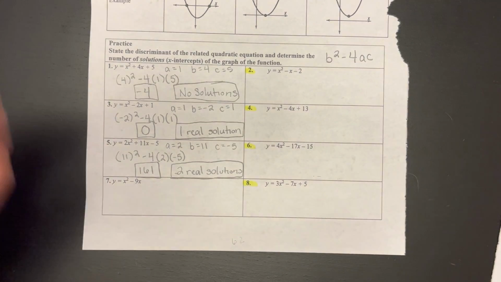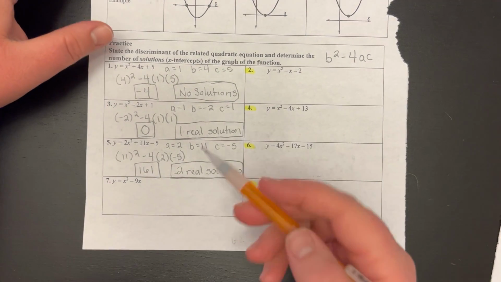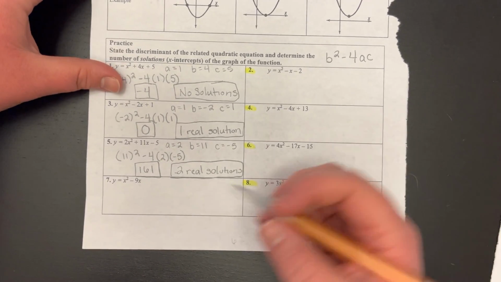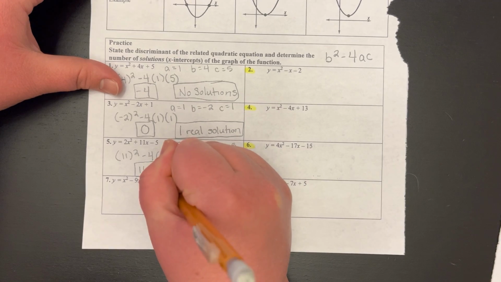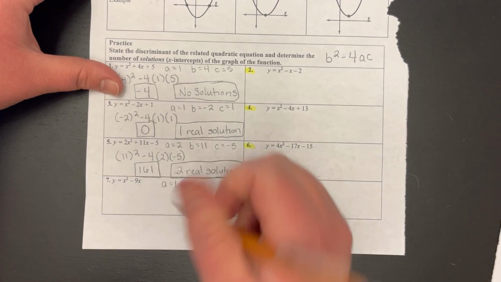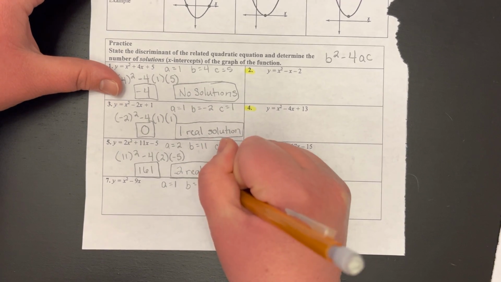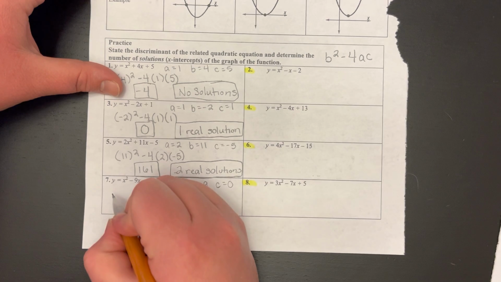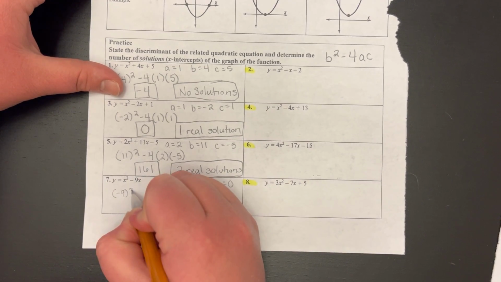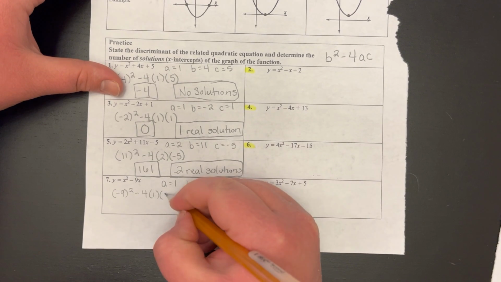All right, one more. And it's a little bit tricky because you should notice that there are only 2 terms and not 3 this time. So I need to figure out which one's missing. Well, here's the x squared, which means a is 1 because there's no number in front. And there's an x term. That means b is the number in front of that, which is negative 9, which means I have no c, so c is 0. All right, b squared, negative 9 squared, minus 4 times 1 times c, which is 0.